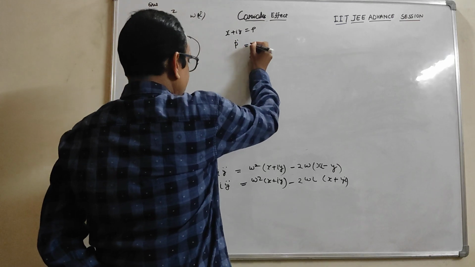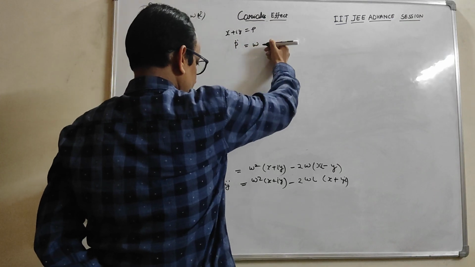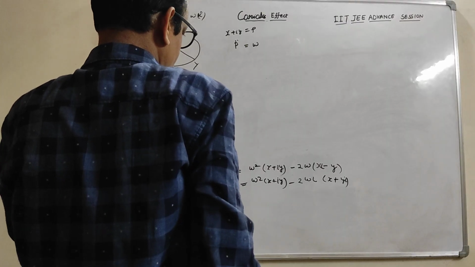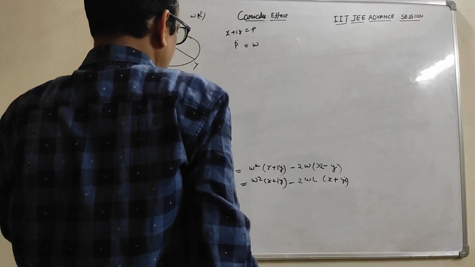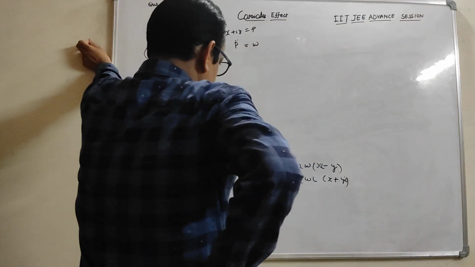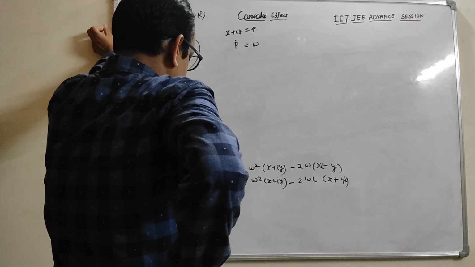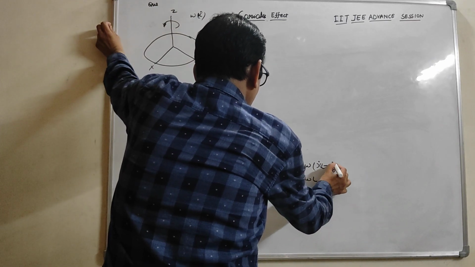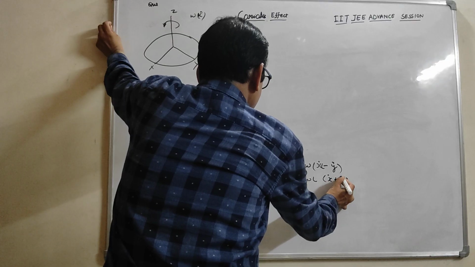And this becomes omega, x dot, iy dot. This is x dot, this is y dot.